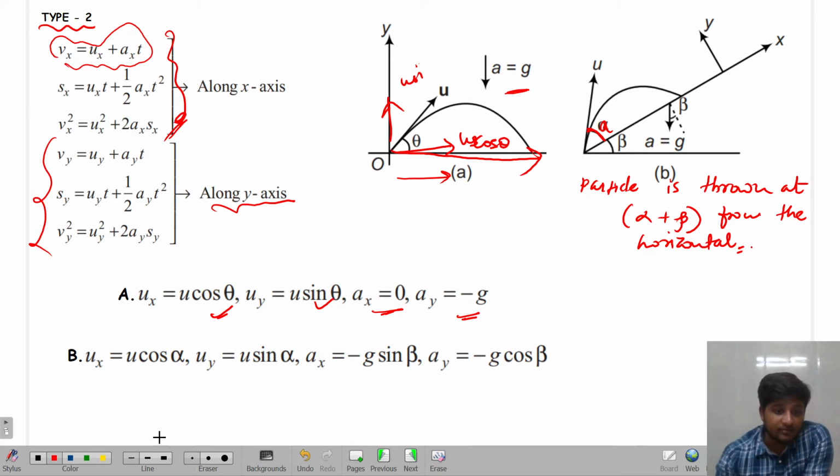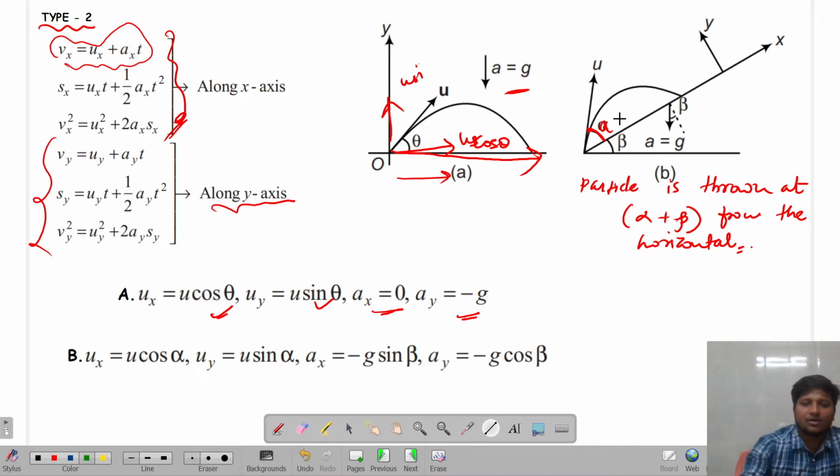Okay, now this is a little bit difficult. The particle has some initial velocity along the inclined plane, and that is equal to how much? I'll draw this. So this is my initial velocity along the inclined plane, and it is equal to u cos alpha.